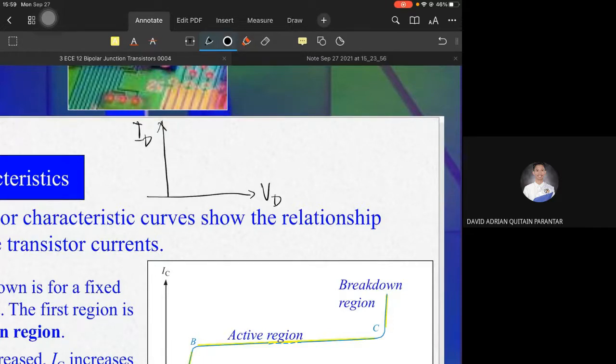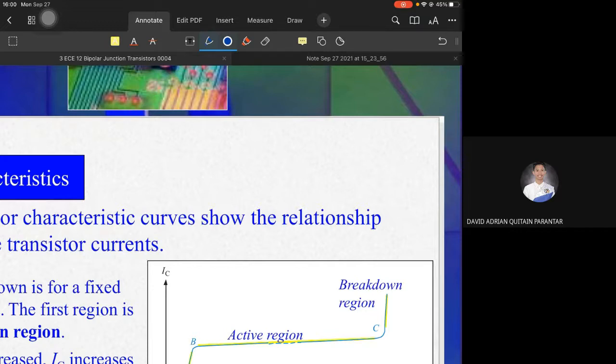Here is the characteristic curve of our diode. As for the BJT, there are three pairs of currents or voltages.